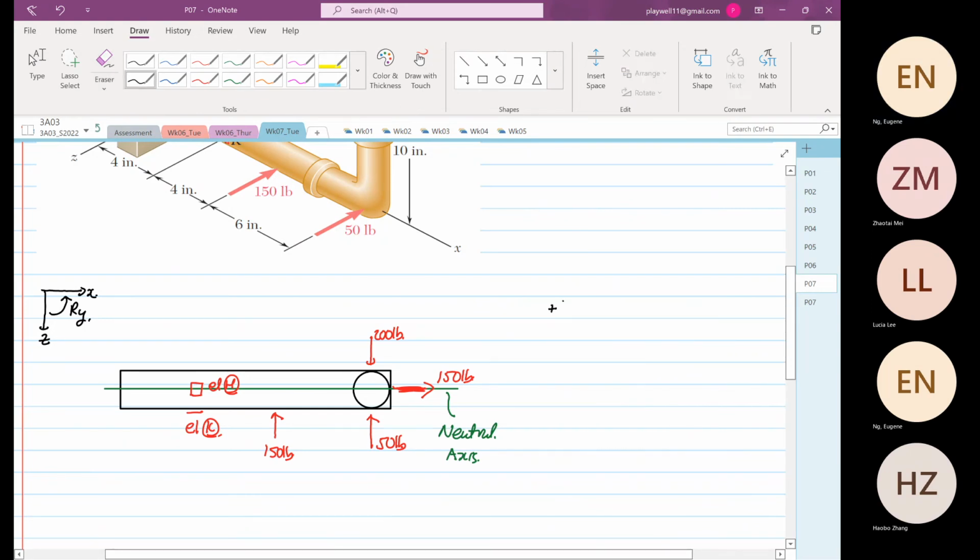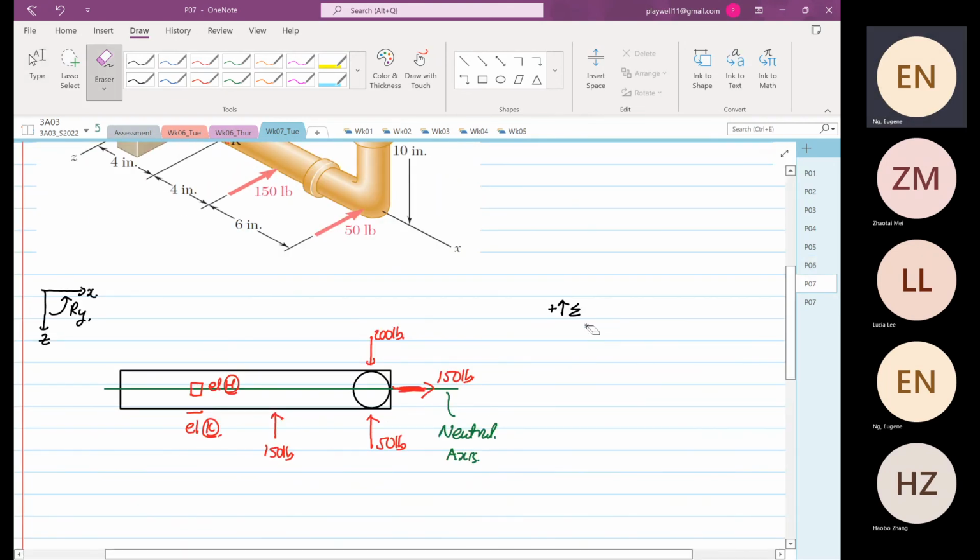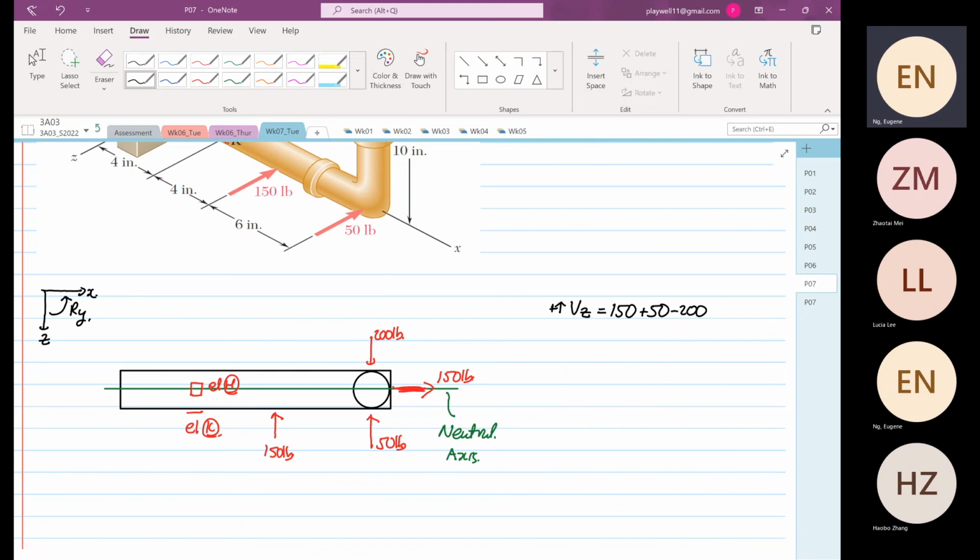Forces in the Z direction, no need for summation, just say shear force in the Z direction, my apologies, is equal to 150 plus 50 minus 200. So this will be equal to 0.